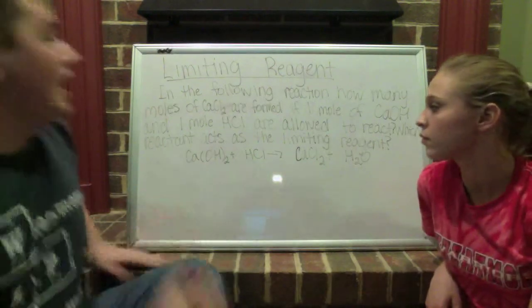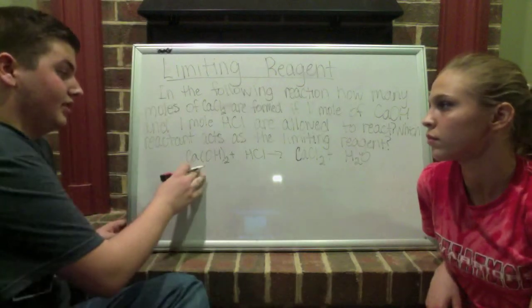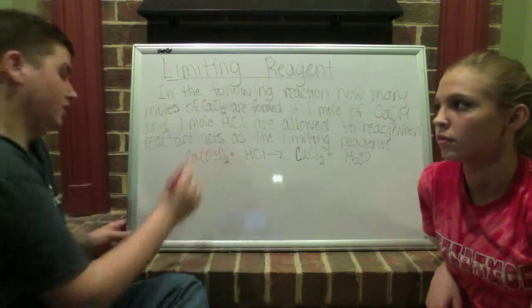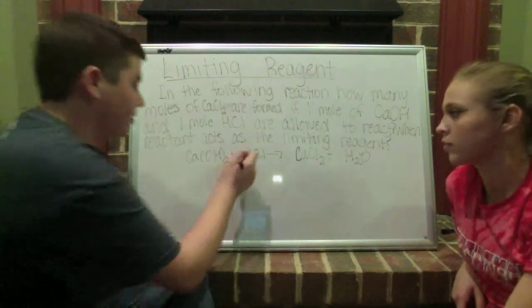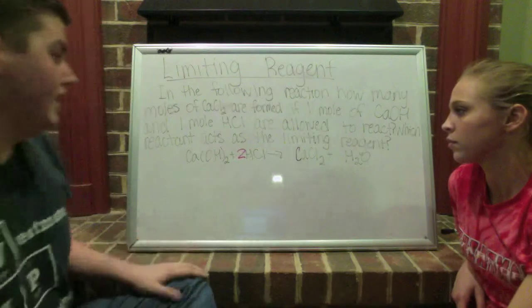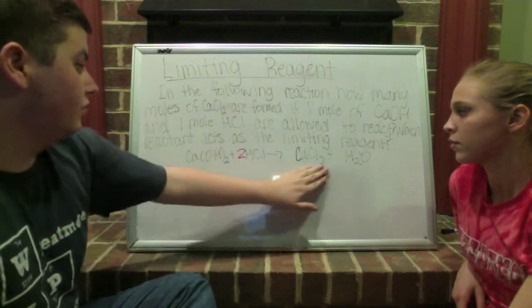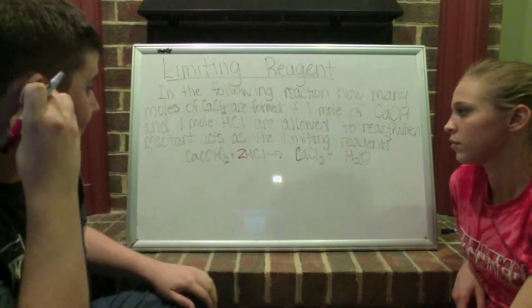So how you do this is you set up two dimensional analysis using each reactant. But first you need to balance the equation. So you have 2 H's over here and 1 over here, so we're going to balance this. Put a 2 right there. And we have 2 chlorines right there.